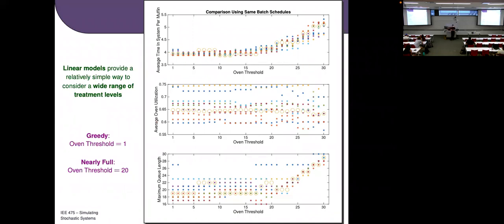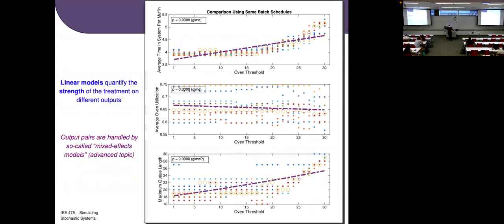And that runs for every single threshold from 1 to 30, then measure each one of these things. Then at this point, I can actually fit a line, and that line slope tells me for every one oven threshold, what's the difference in time in system provided.